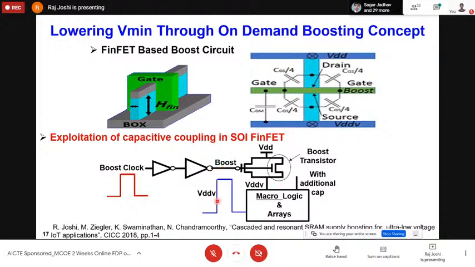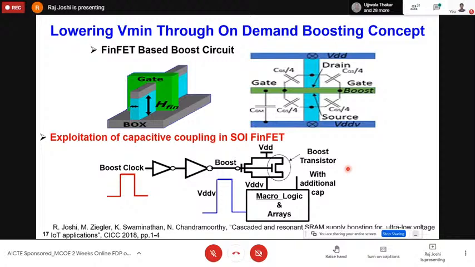As soon as there is a transition like this, from low to high, you will get an upwards glitch here. So what it means is, you are using a capacitor to glitch up the power to that circuit. And that is what is very crucial. You need that higher voltage to get high performance, but only for certain time.